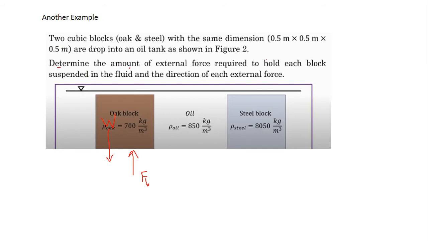They ask you to determine the external force, the amount of external force needed to hold each block suspended in the fluid, and its direction. So you have another component, the external force. You are not sure yet whether it's upward or downward, but you have this component. That's why they ask you to find the magnitude and direction, to show whether it's upward or downward. Now solve the first question first. How do you do it?